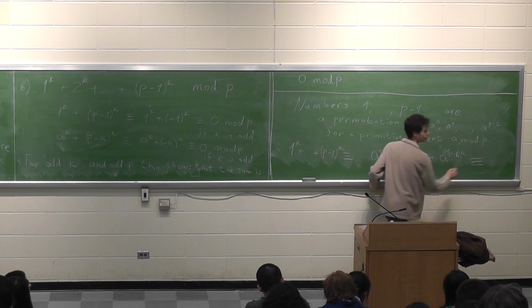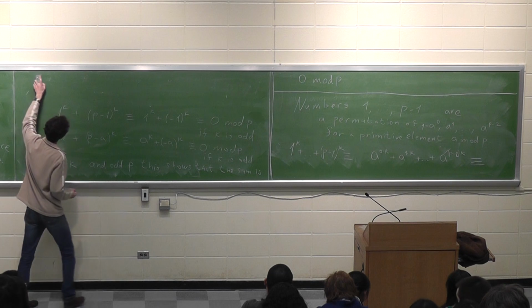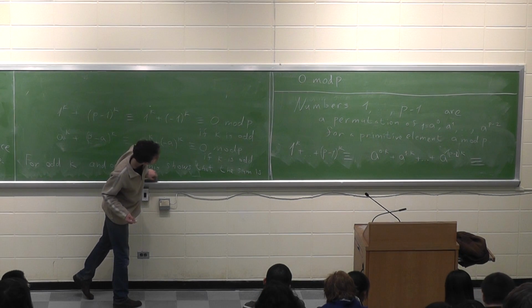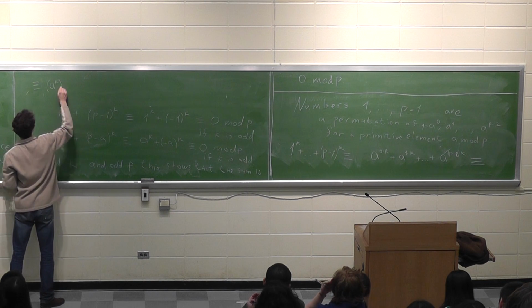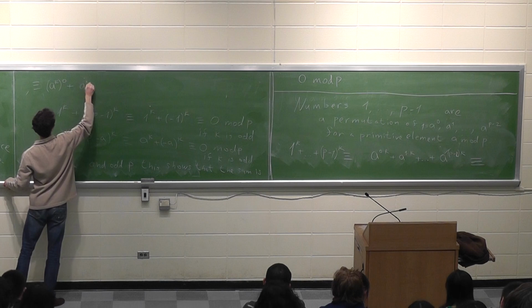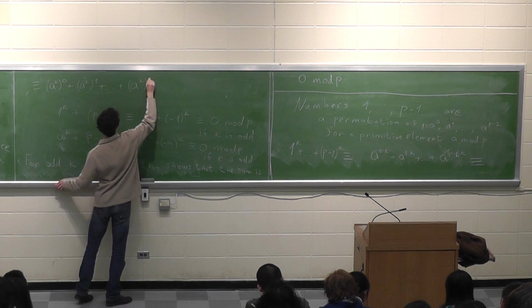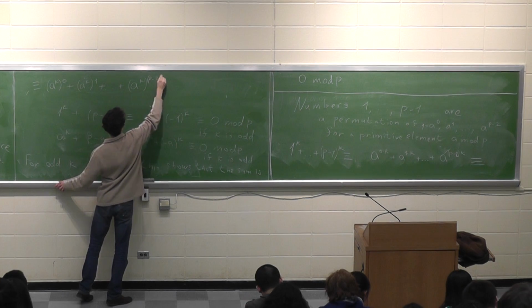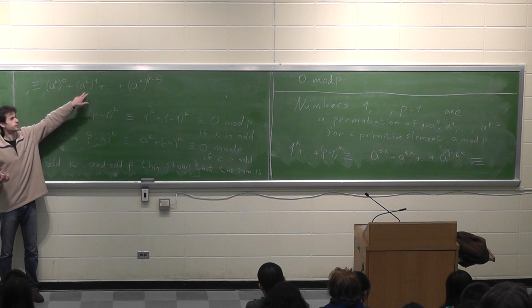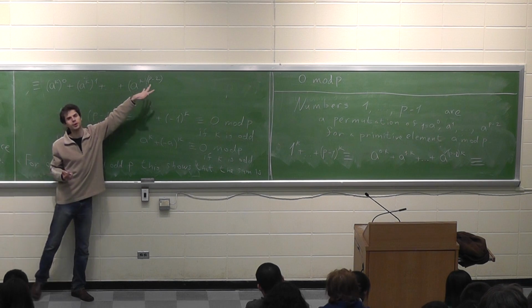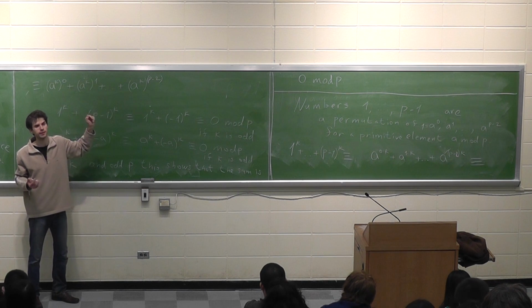Okay, now let me just compute this sum. It's just the sum of different powers of a to the power k: a to the power k to the power 0 plus a to the power k to the power 1 plus and so on up to a to the power k to the power p minus 2. It's the same number summed with such things raised to different powers. It's just a geometric series. At each step I'm multiplying by a to the power k.